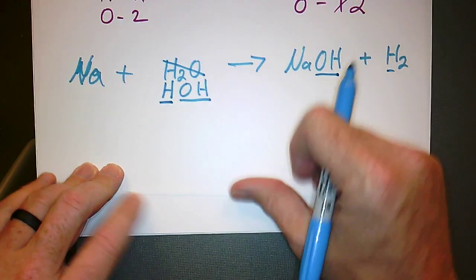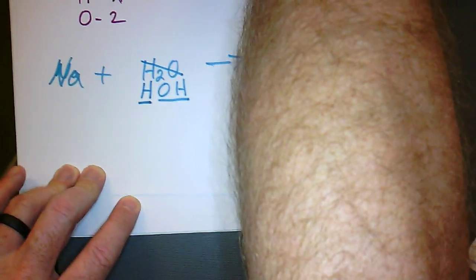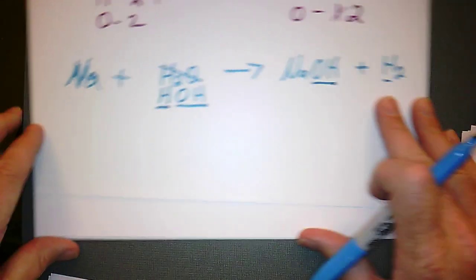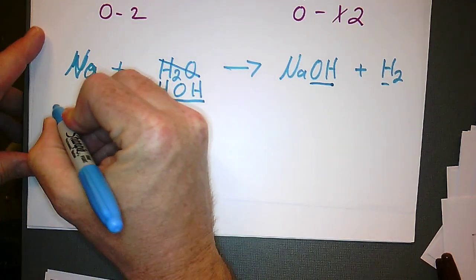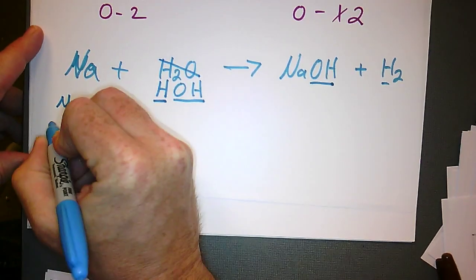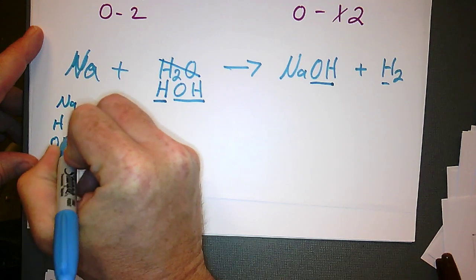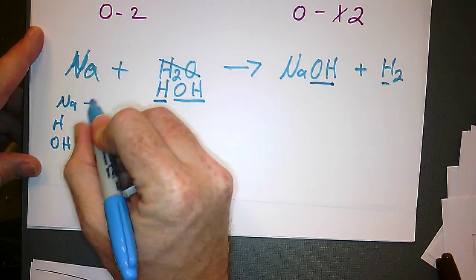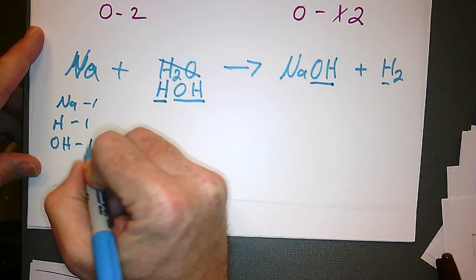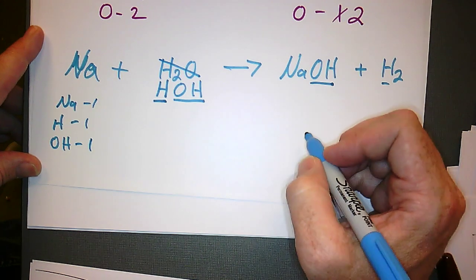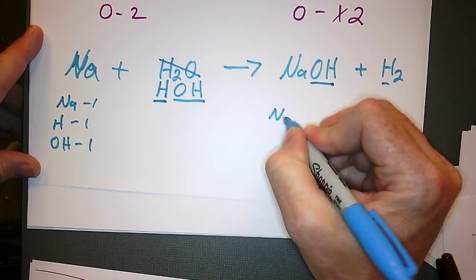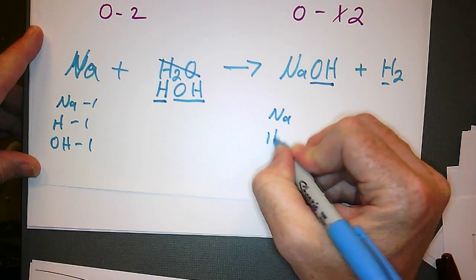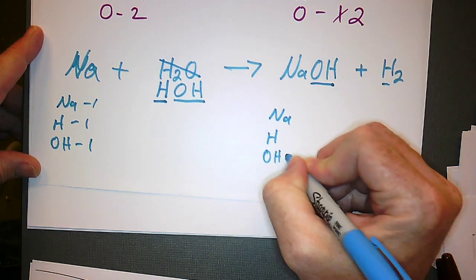So when I list my stuff, let me slide this over to you. Okay. When I list my stuff down below, I have an Na, an H, and an OH. All right? And I have one of each instead of having the H2 and the OH. And then over here, I have an Na, an H, and an OH.